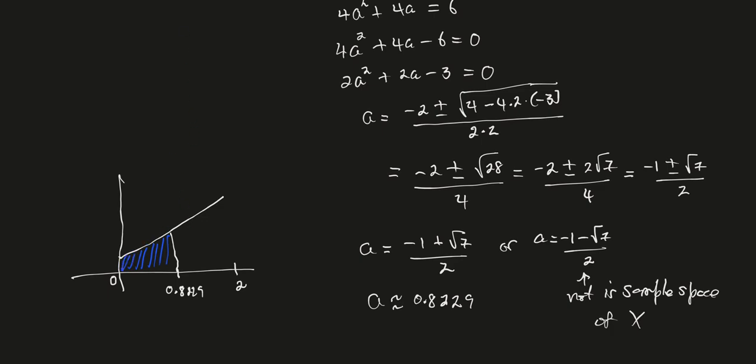That blue area there is 0.25, and then we would know that the remaining 75% of the area would be to the right, stopping at the largest possible value of x.